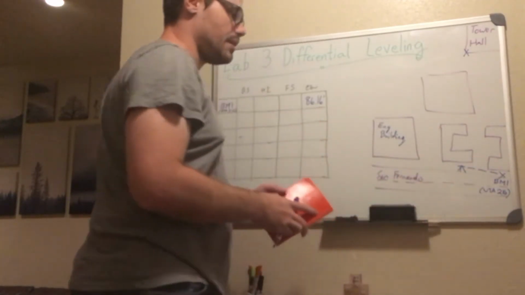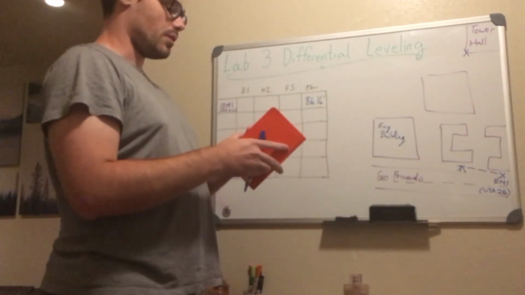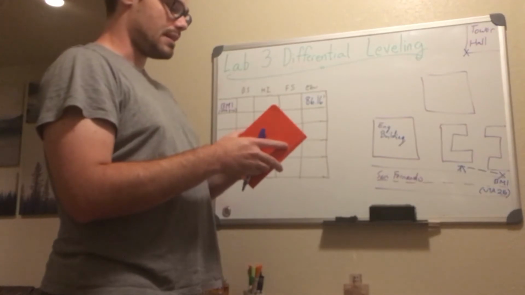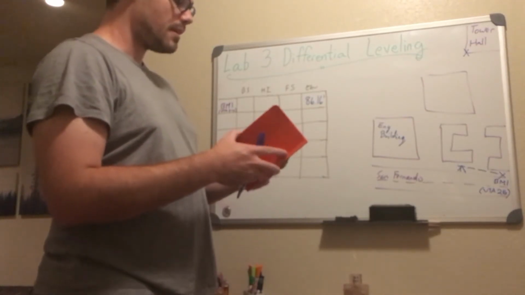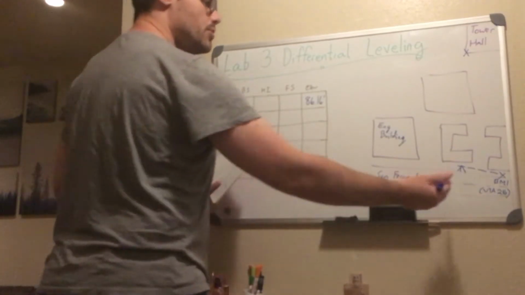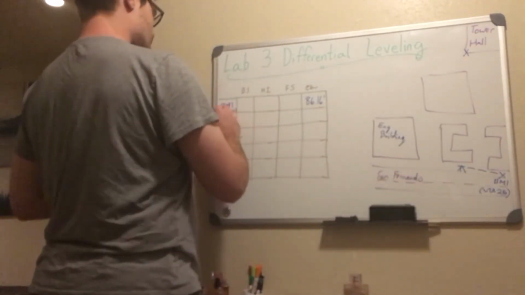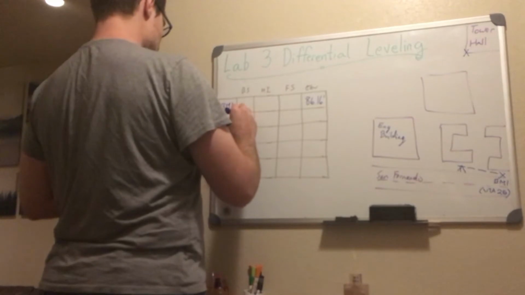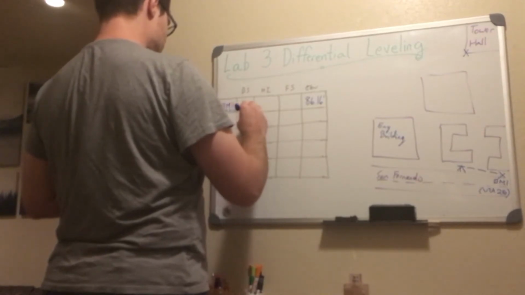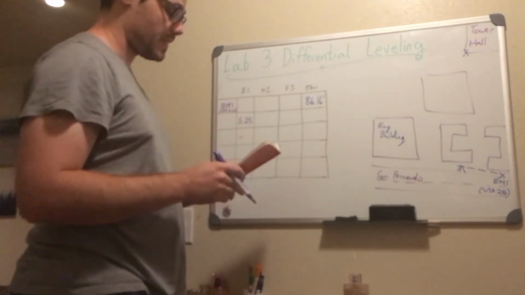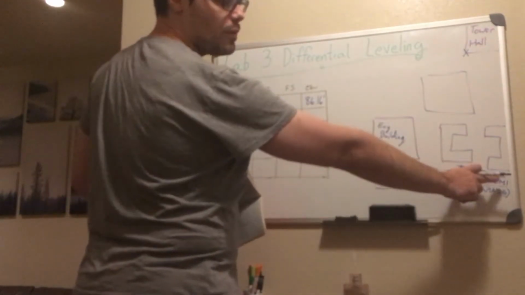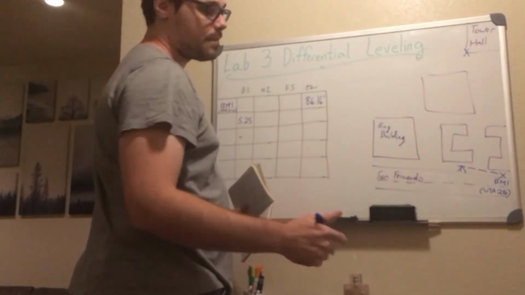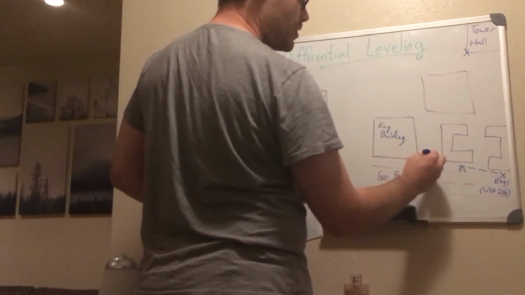And for the sake of ease, I'm going to use some data that was collected a few semesters ago when I was in the class. Okay. And we're going to say that when we do this backsight, we get a height of 5.25 feet on our Philly rod. Once we have this height, we can then move the Philly rod off of benchmark 1 to what we call a turning point.